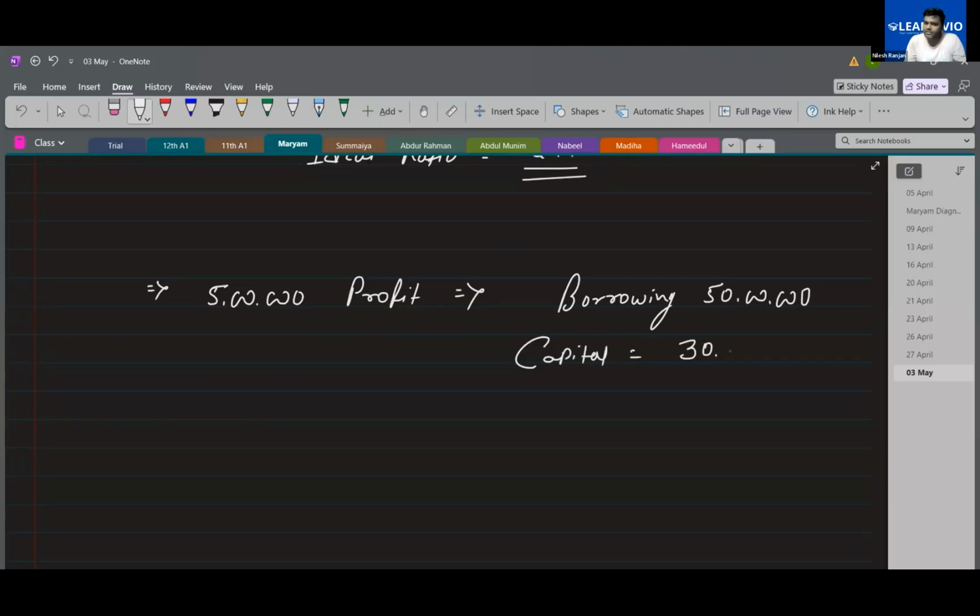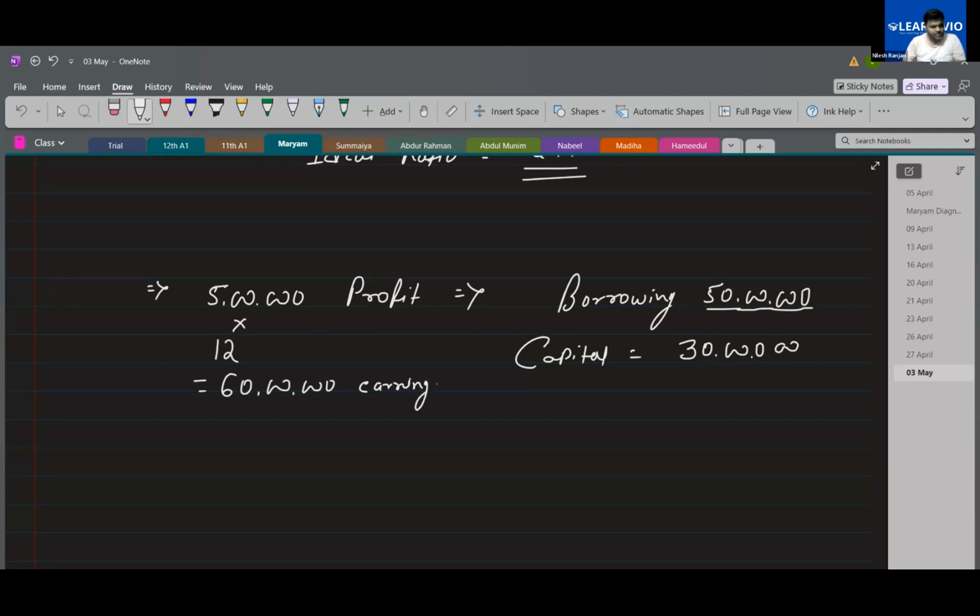So you can see the difference is not very high. He had his own money of 30 lakh and 50 lakh he had taken as a loan. Now, 5 lakh profit into 12 months, in a year he is earning 60 lakh. The amount is very good.